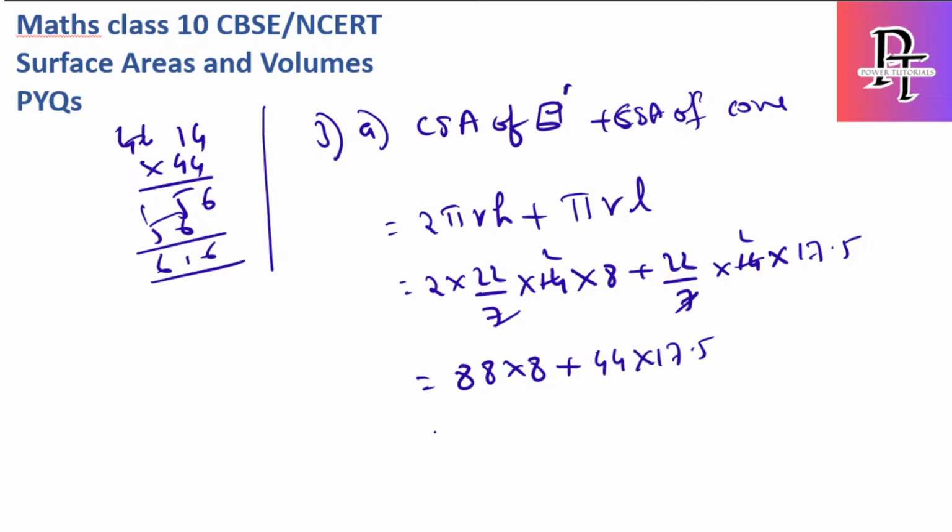For easy calculation, I will take 44 as common. It becomes 2 into 8 plus 17.5. 2 into 8 is 16, 16 plus 17.5 will be 33.5.